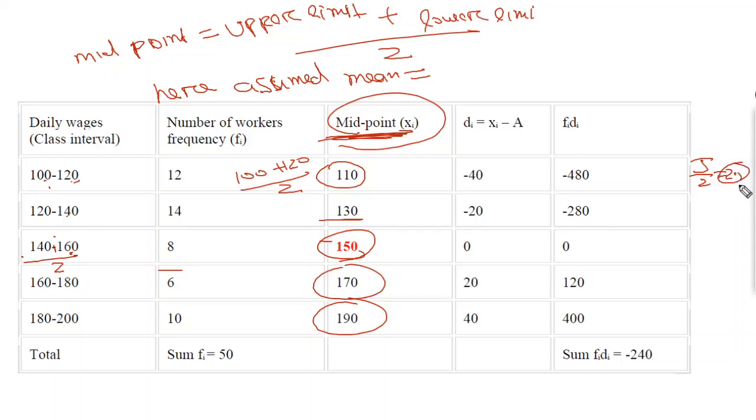The next whole number is 3, so we will take the third. Basically we will take the middle one. So first, second, third, this one will be the assumed mean. In bracket you can write A is equal to 150. After writing this much, we will move into the table.